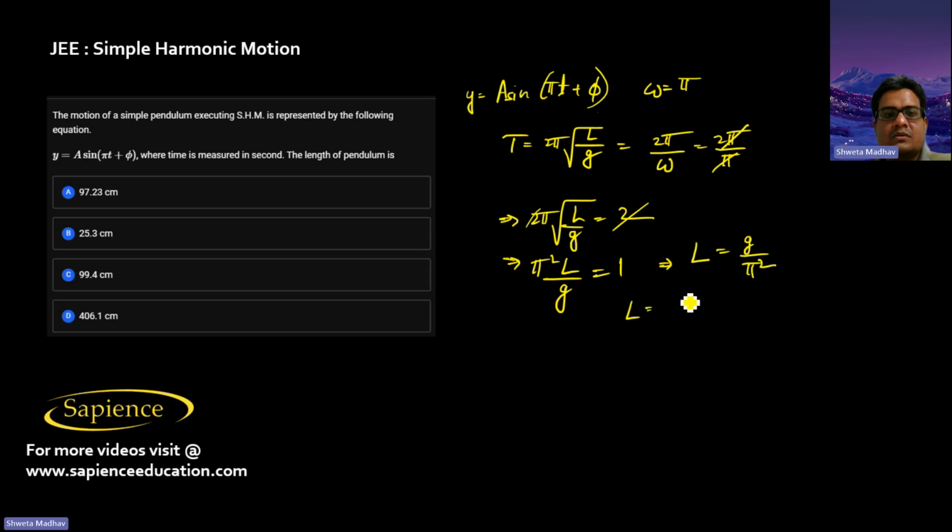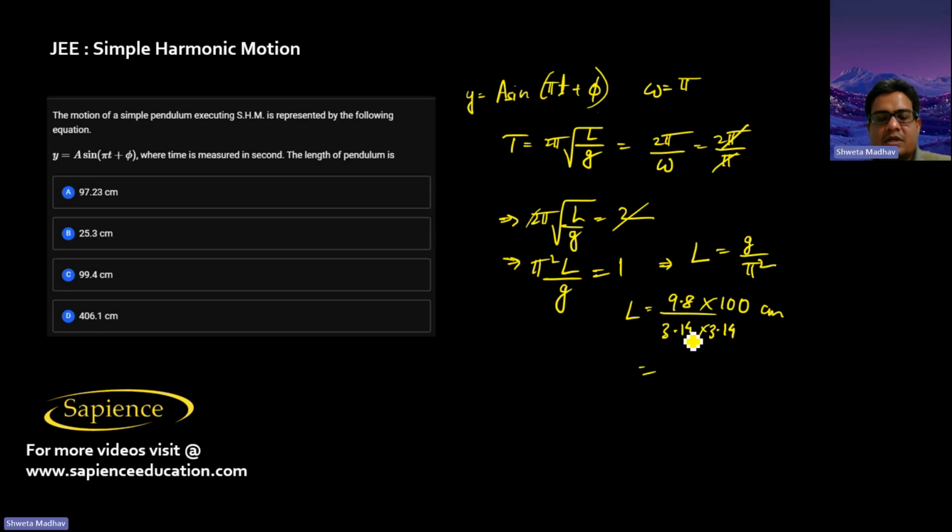L will be equal to g, that is 9.8 divided by pi square, that is 3.14 into 3.14. It will come in meters, but we need it in centimeters, so we multiply by 100 centimeters.